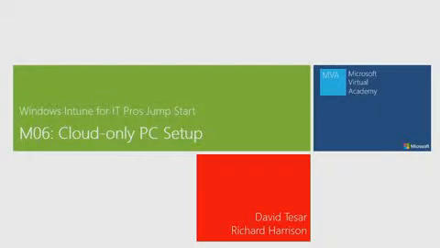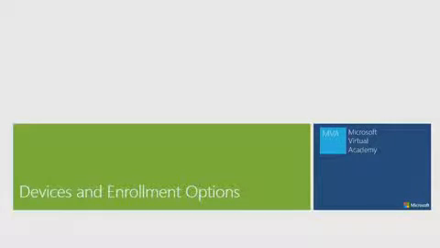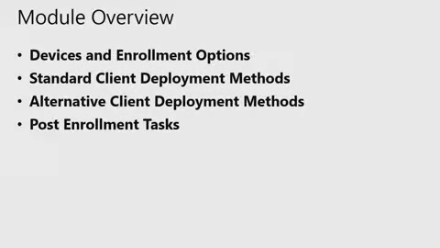So this next section really talks about the enrollment process of getting your PCs into the Windows Intune cloud-only service. Okay, so enrollment options. In order to address this, I've taken the steps into two basic groups.